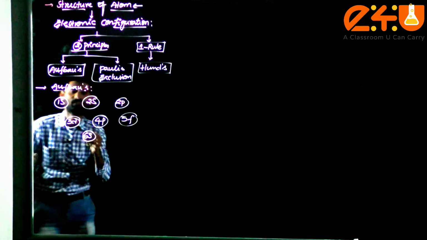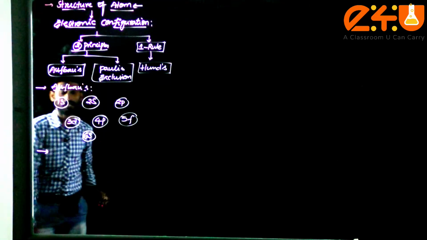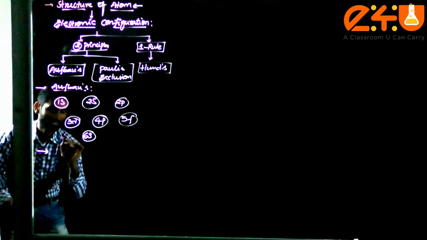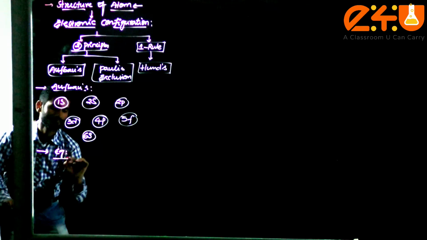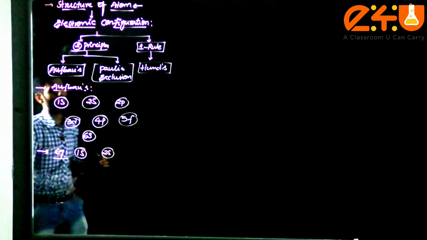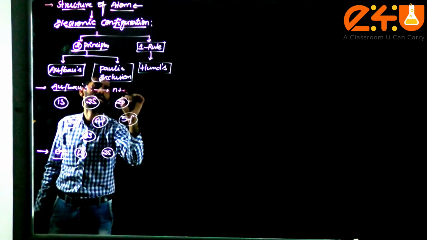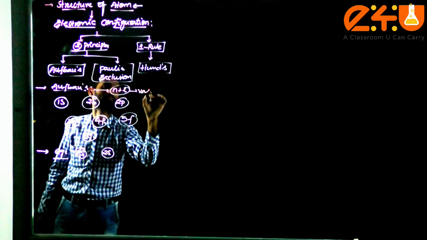Now, how do we enter the electrons in all these orbits or subshells? Let me take an example, 1s and 2s. This principle is completely based on n plus l values.